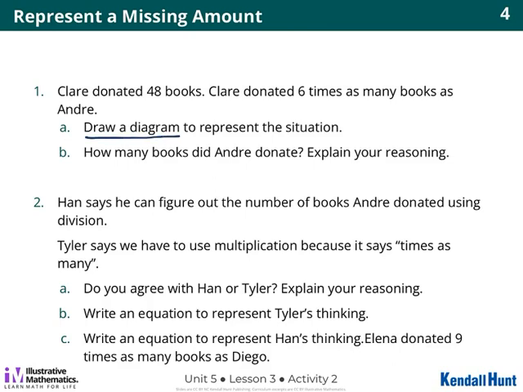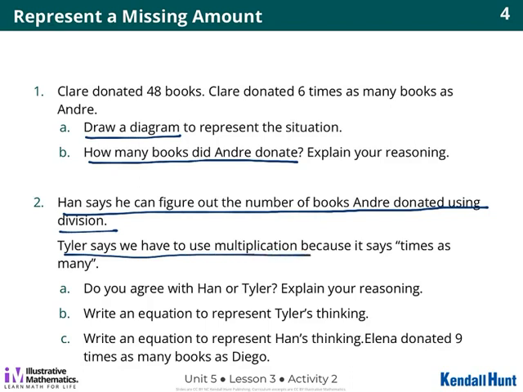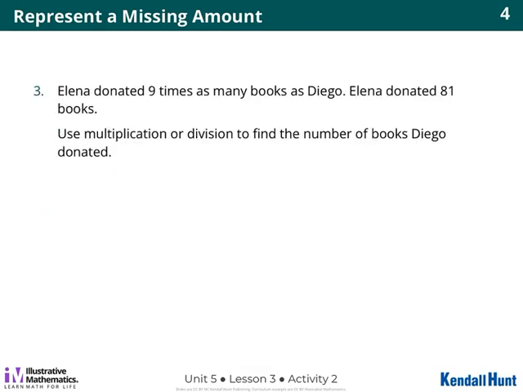You have to draw a diagram, and then you're going to find the answer. Number 2, Han says he can figure out the number of books Andre donated using division. Tyler says we have to use multiplication because it says times as many. Then you're going to answer those questions.